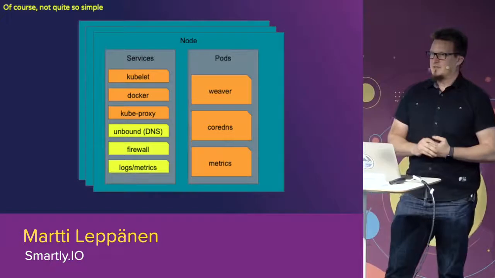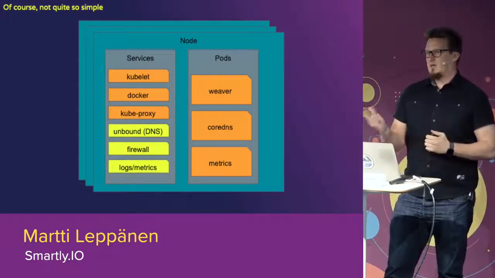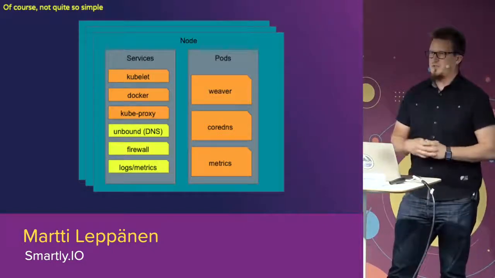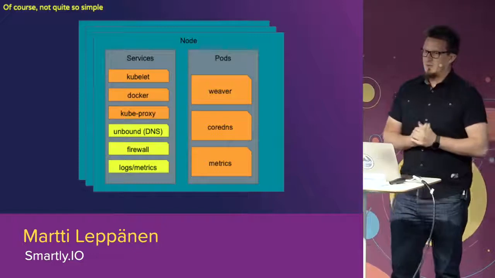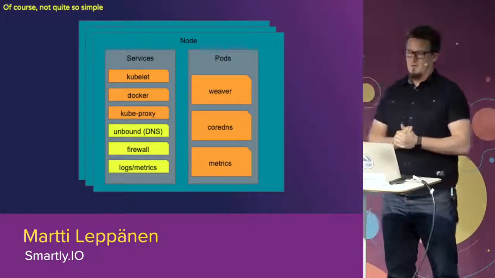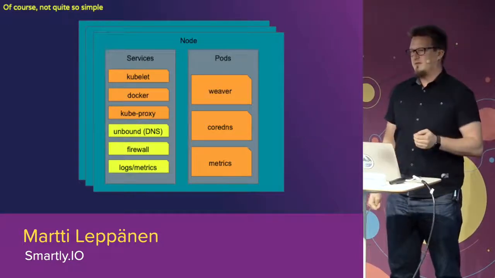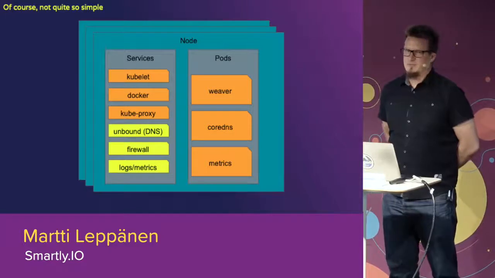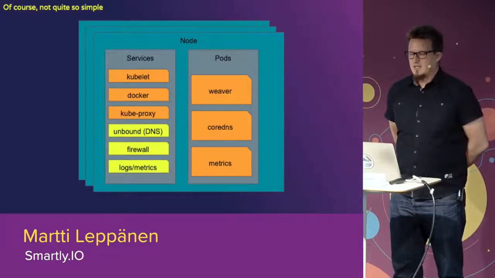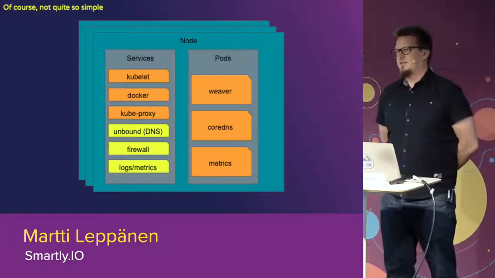Of course, it's not quite that simple. While one node has these three basic services, you have a kubelet, you have Docker, and you have kubeproxy, and this basically brings up Kubernetes. You don't have to have more than this. In reality, you will end up having a little bit more. You have to have some method for each node to be able to resolve DNS names. We are using Unbound. We used to be using dnsmasq for this.